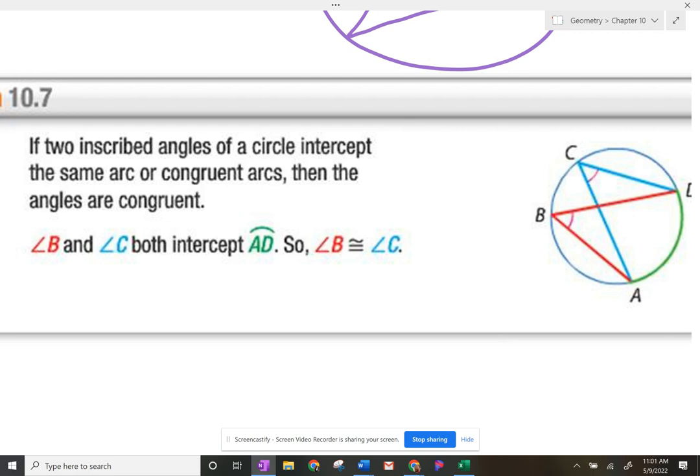But if it's the same arc, that'd be divided by 2 as well, right? So these are going to be the exact same length if they share the exact same arc. That's what it's saying. It's saying that angle B and angle C both share the same arc AD, and because of that, angle B and angle C are going to be equal to each other. These are both going to be the exact same inscribed angle degrees.